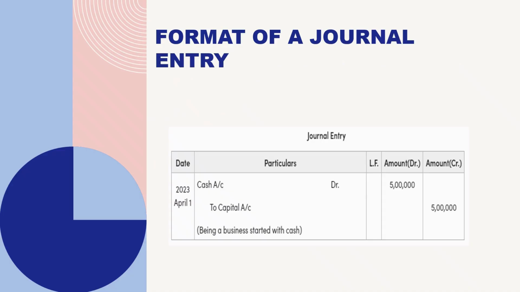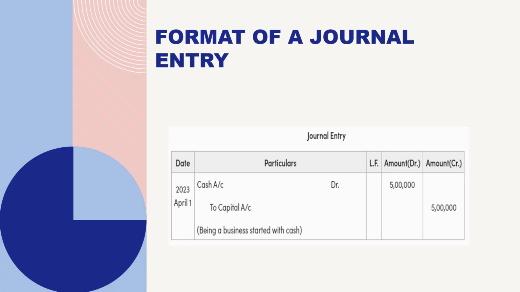Now the next step is the format of a journal entry. As you can see on your screens, the format of the journal entry is shown here. It will be in tabular form: date, particulars, ledger folio, amount of debit, amount of credit.